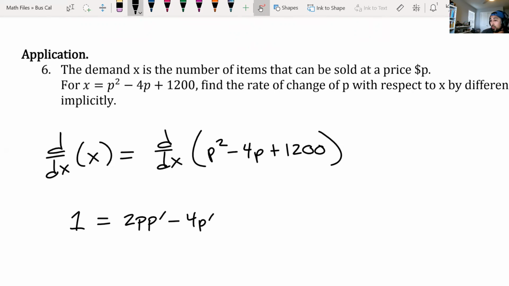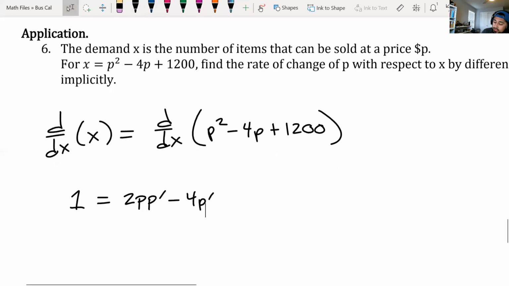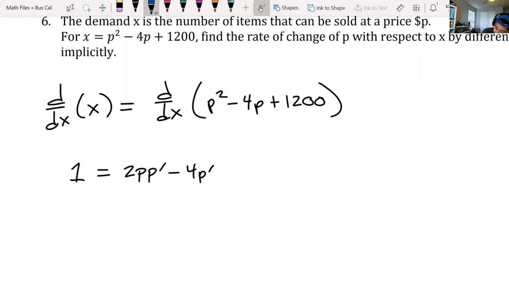0. So now all we have to do is solve for P prime, which means on the right side of this equation, P prime is our greatest common factor. So you'll get 1 equals factor out P prime, and you'll get 2P minus 4.